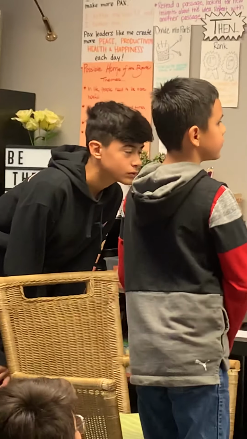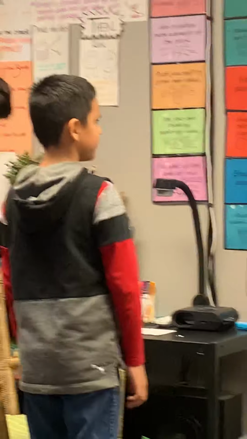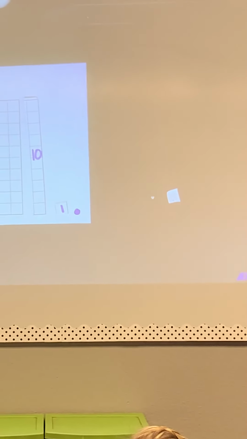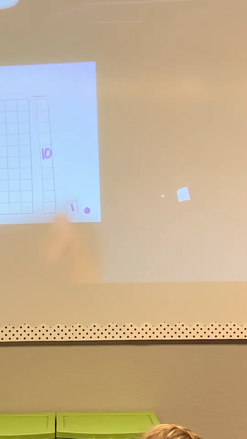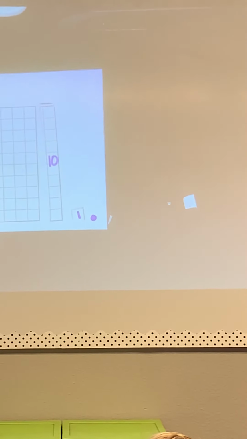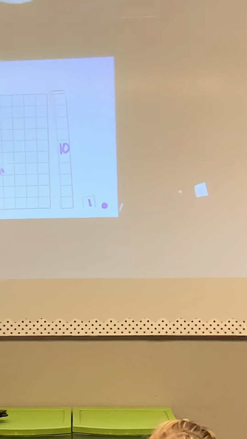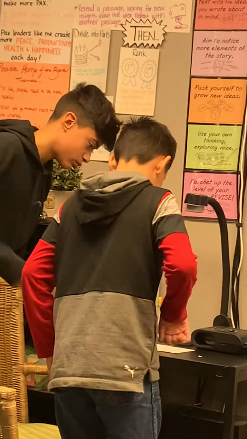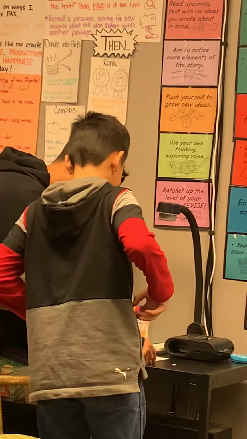Can you show us where that is and put it right to the right of the decimal? Keep it on the black though, just move it closer to the paper so we can see it in order. Okay, and then what did you do? And then I cut a piece off of the strip, which made it very small.